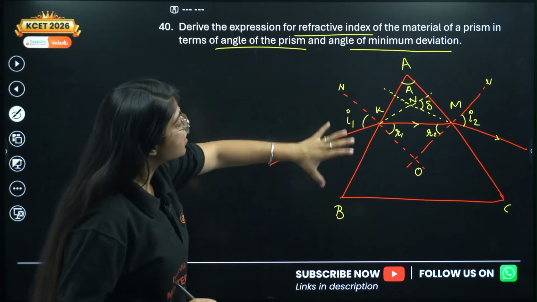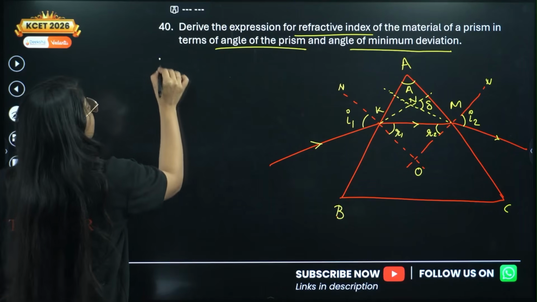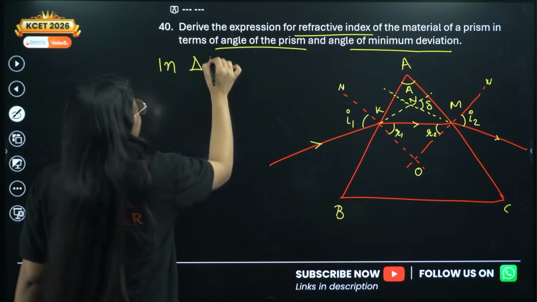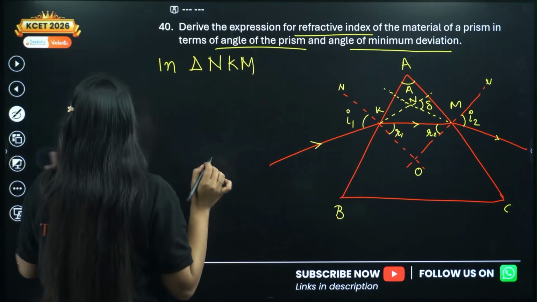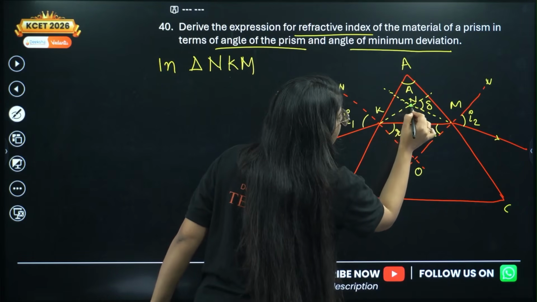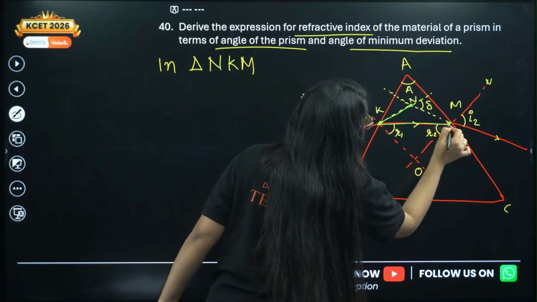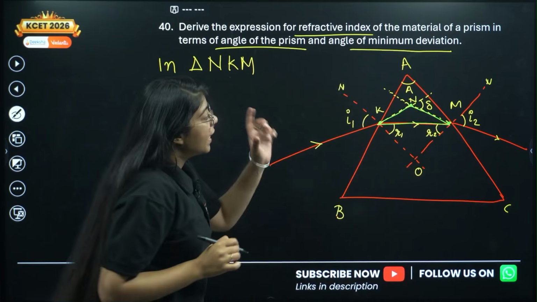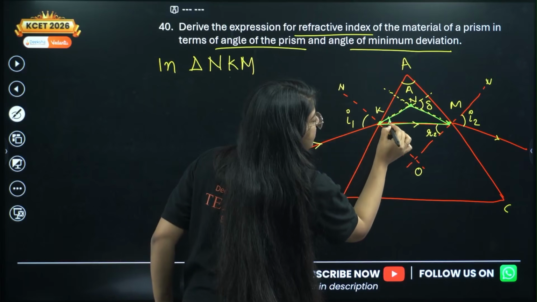First, let's look at this particular triangle, that is NKM. This is N and this is K, this is M. We'll look into this triangle. Now, in this diagram, what is this angle?